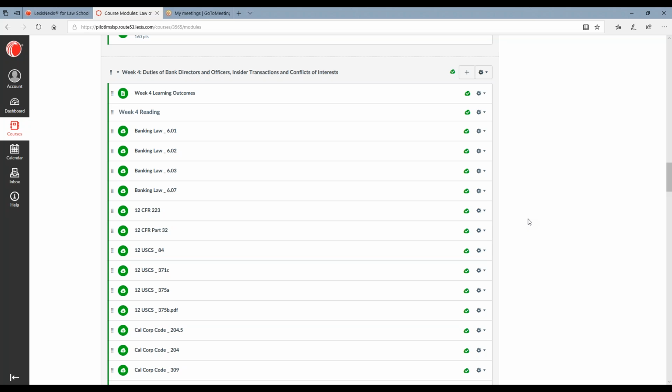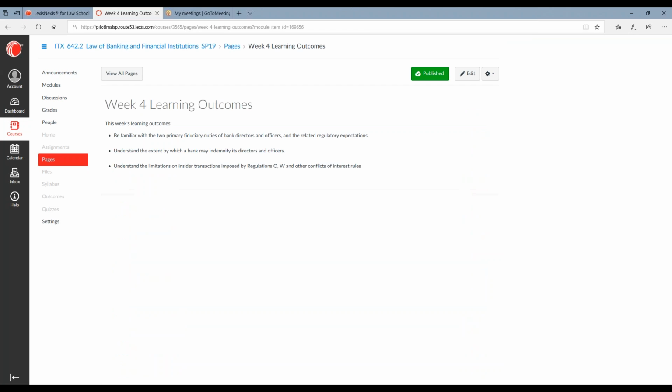Last week, for week 4, you learned about the duties of bank directors and officers, insider transactions, and conflicts of interest. As we click into the outcomes, you should now be familiar with the 2 primary fiduciary duties of bank directors and officers, and also the related regulatory expectations. You should also understand the extent to which a bank may indemnify its directors and officers, and the limitations on insider transactions imposed by Regs O, W, and other conflicts of interest rules.